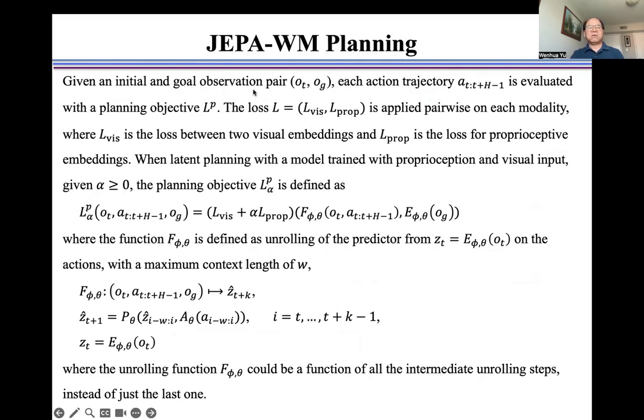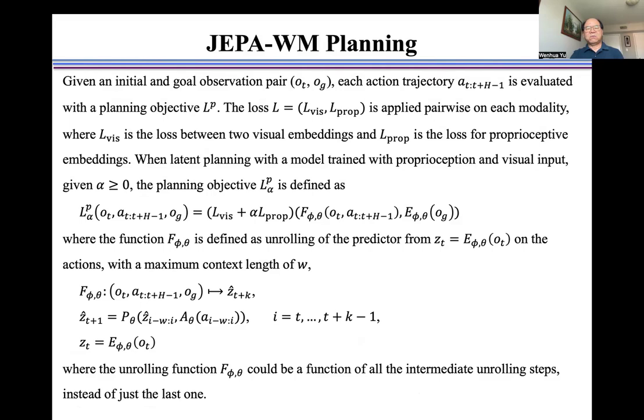Given an initial and goal observation pair, O T and O G, each action trajectory, A T to A T plus H minus 1, is evaluated with a planning objective L P. The loss is applied pairwise on each modality, where L V is a loss between the two visual embeddings, and L prop is a loss for proprioceptive embeddings.